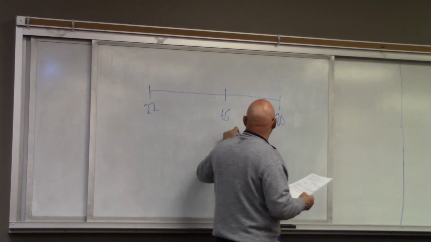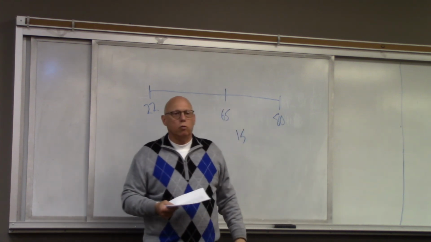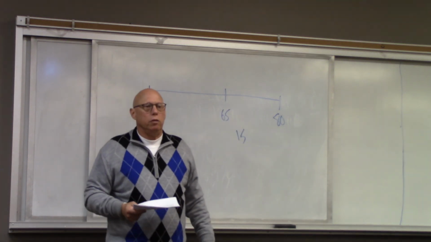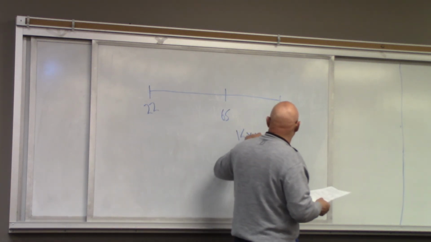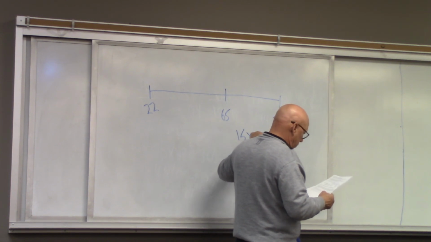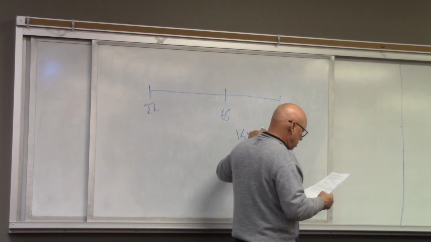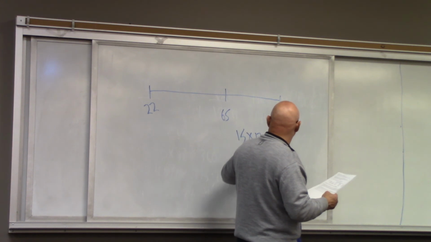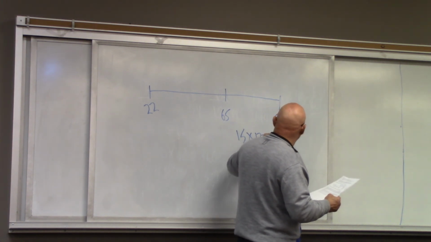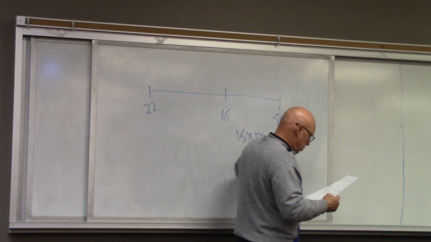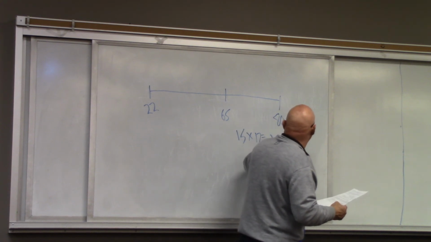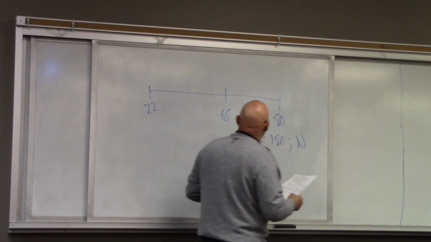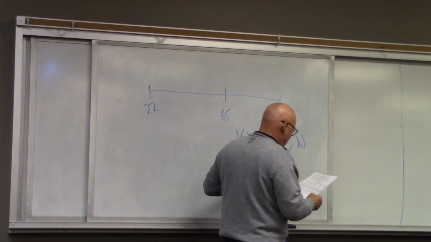So we have 15 years. 80 sounds old. 65 to 80 is only 15 years. 15 times 12, what is that? 180. Is our N, and 5,000.